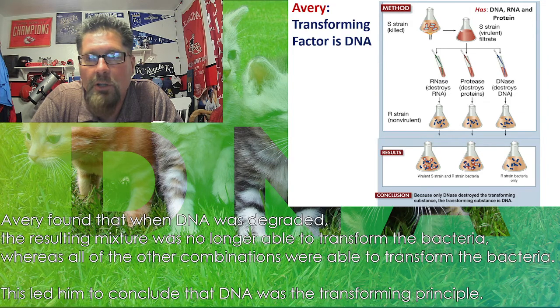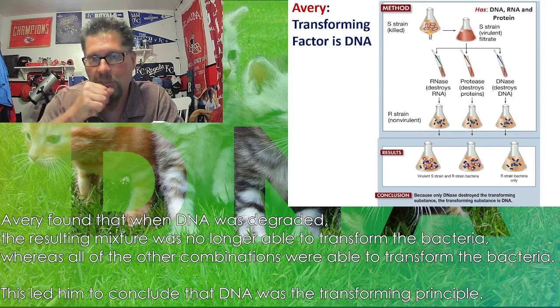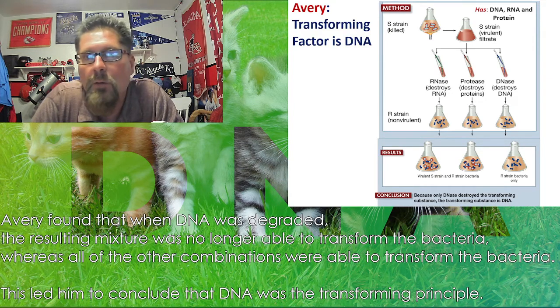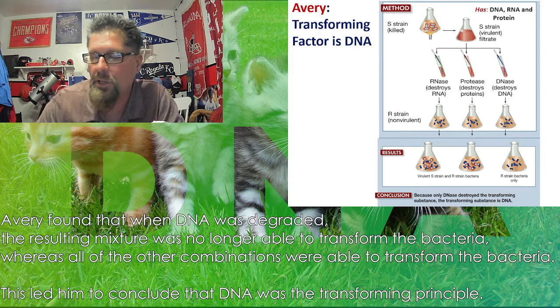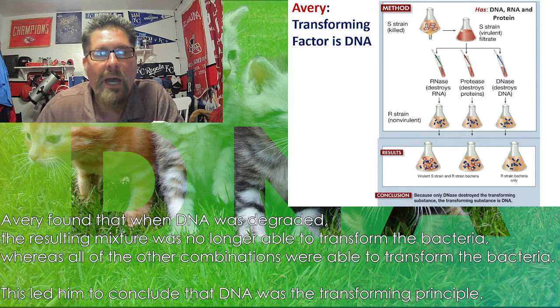So that was his conclusion, that it was the DNA that was being sent or put into another bacteria from one bacteria, transformed. The idea that it was DNA was the material that was being passed from bacteria to bacteria.